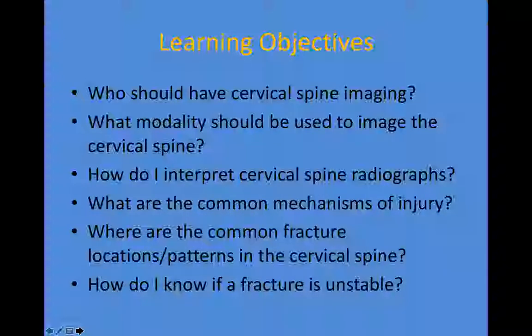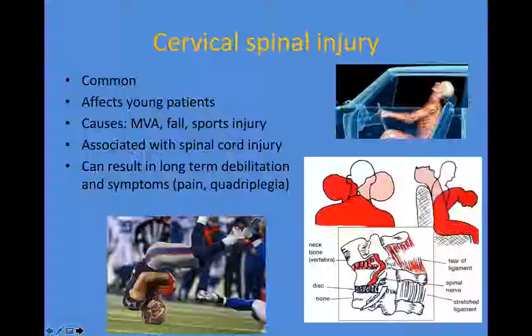A lot of times you can't find someone, and a lot of times it's just easier for the ED physicians to know how to read those. Once you have looked at the films, what are the common mechanisms of injury, just understanding how the cervical spine gets injured, and where are the common fracture patterns and locations to help you know specifically what to look for in a radiograph. And then finally, how do you decide if an injury is unstable or stable? So that's kind of what we're going to go over today.